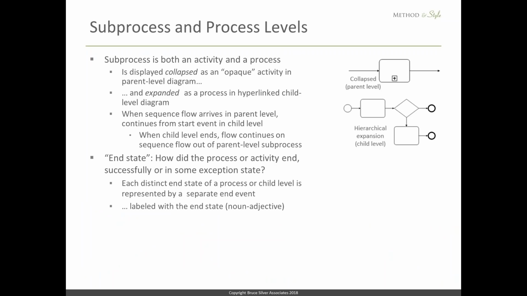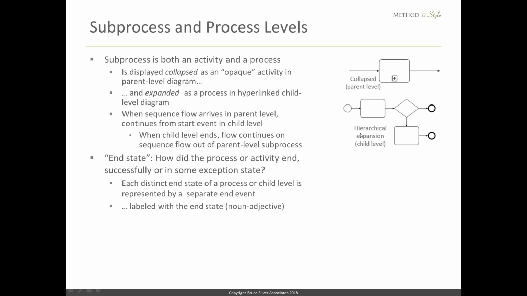All right, let's drill one level deeper here. We talked about subprocesses, the thing that makes your models hierarchical. We said it can be shown collapsed in your parent level diagram and expanded in the child level diagram. So there's this idea of process levels.